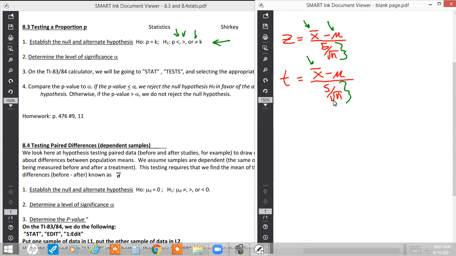when you're doing proportions. Oh, and by the way, I have to tell you, your graphing calculator, for example, if you're using a t-distribution and you enter x bar and mu and s and the sample size, all of this stuff is calculated on your calculator.